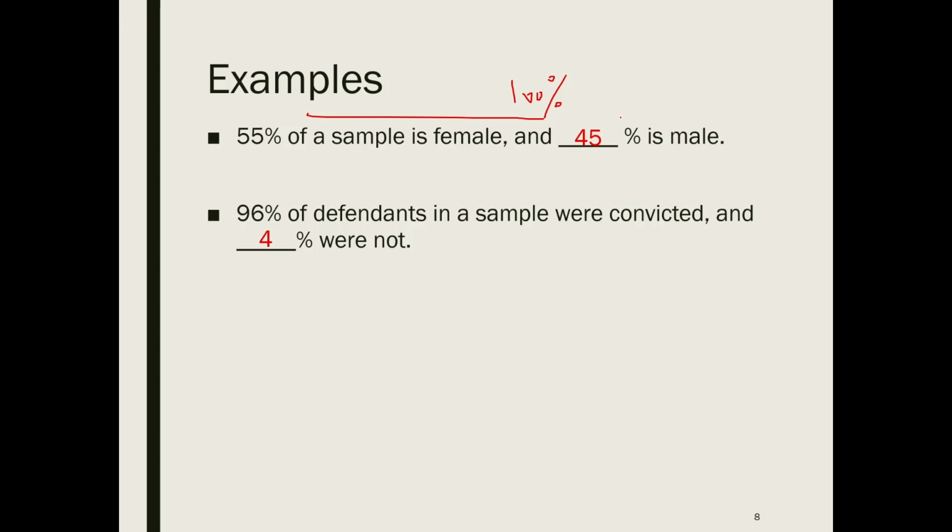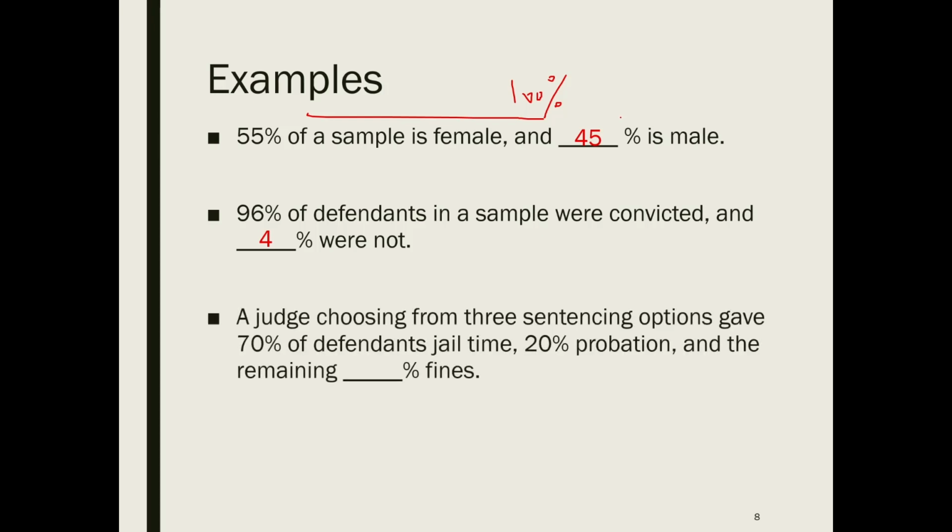You have to make sure that when you add those together, it must be 100%. So a judge choosing from 3 sentencing options gives 70% of defendants jail time, 20% probation, and the remaining, which is simply paying fines, 10%, right? You have to add everything together, so it must equal 100 because there are 3 sentencing options. So the variable is sentencing options.